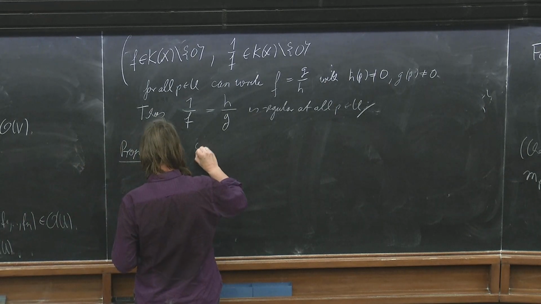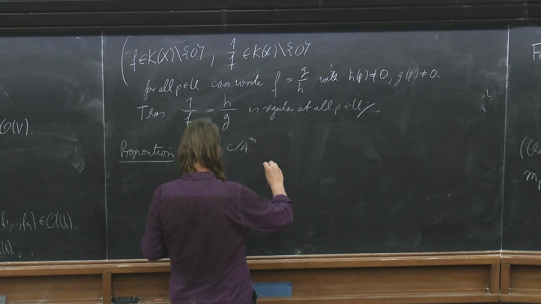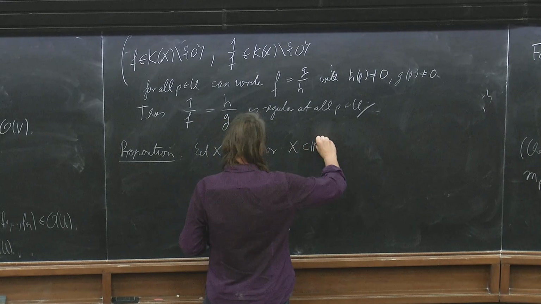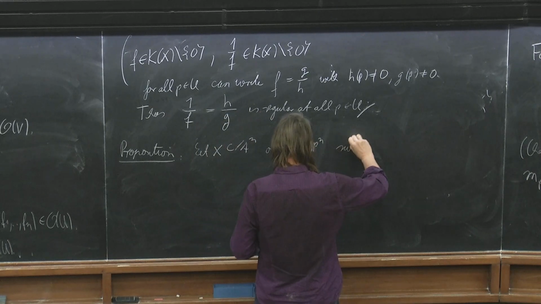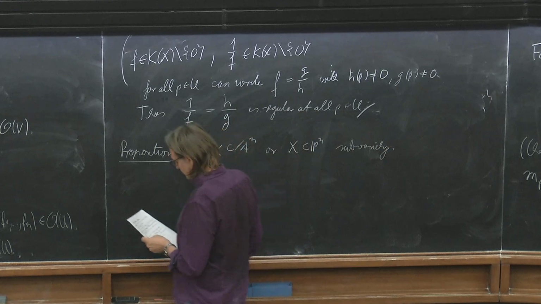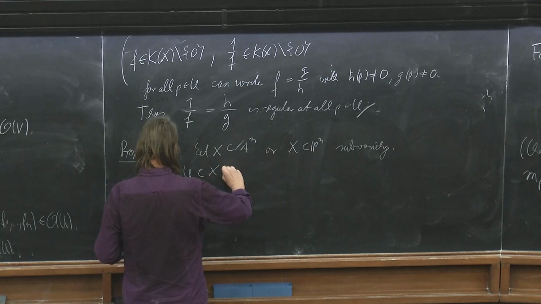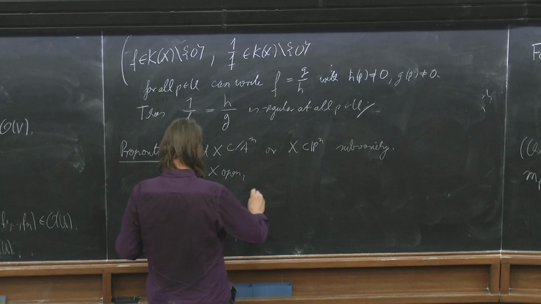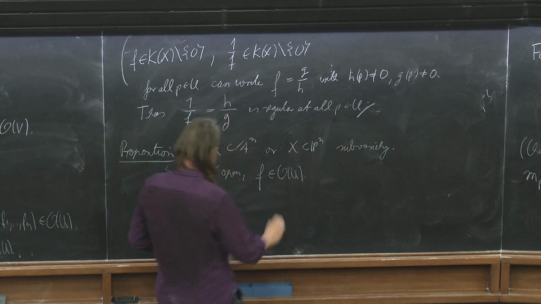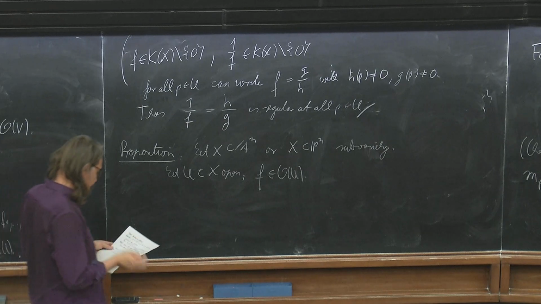So let X in A^n or X in P^n be a subvariety, and let U be open and f regular on U. Then I claim f as a function from U to K is continuous.